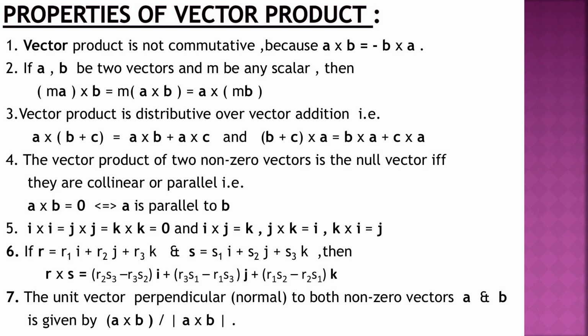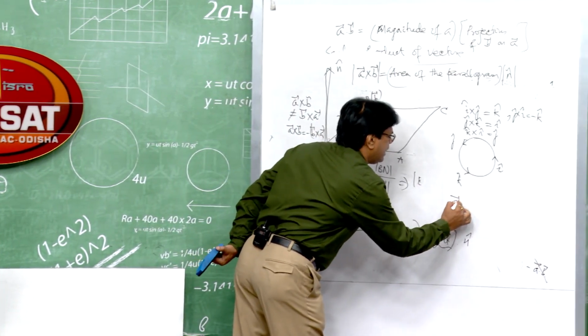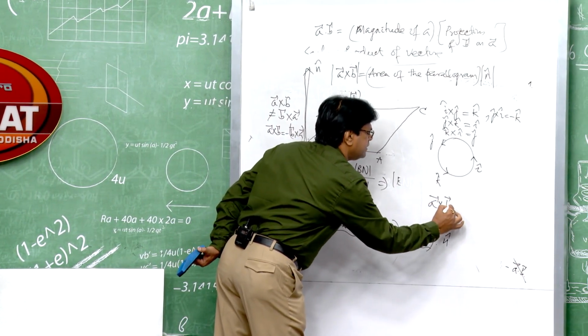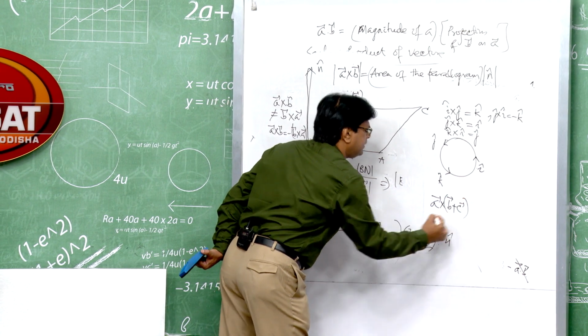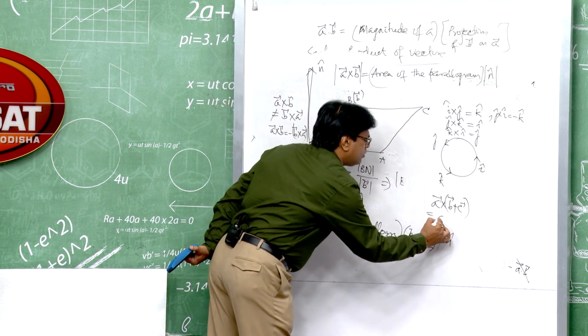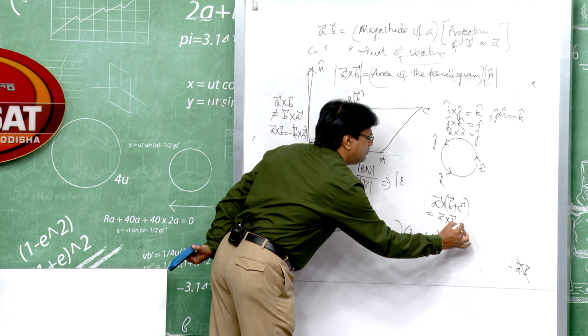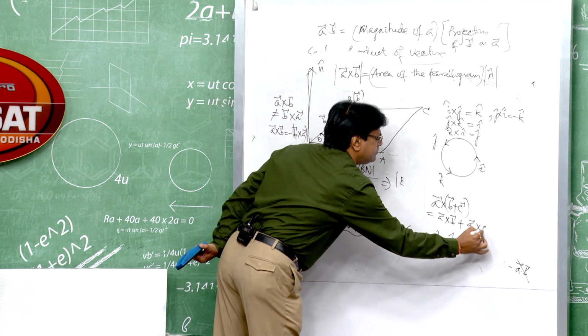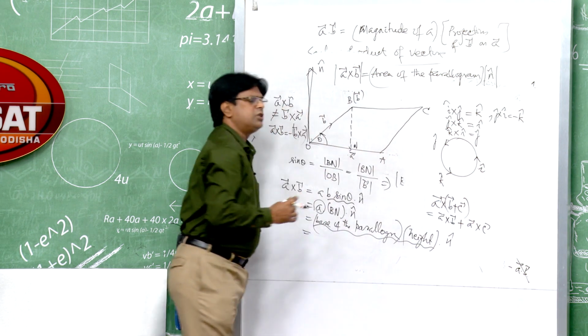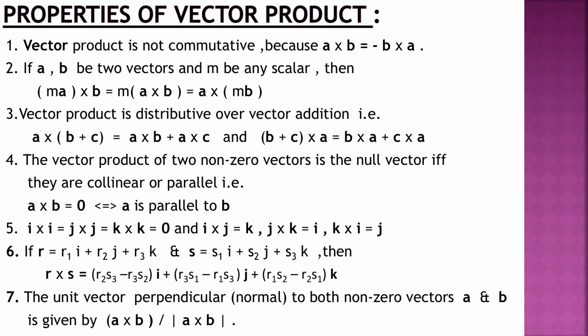Suppose we have A cross B plus C for three vectors A, B, C; we can also write A cross B plus A cross C. So, cross product is distributive over vector addition. The vector product of two non-zero vectors is a null vector if and only if they are collinear or parallel. A cross B is equal to 0 if A and B are parallel vectors. If two vectors are parallel, then their cross product is 0.